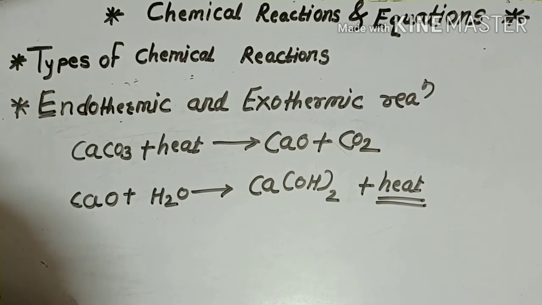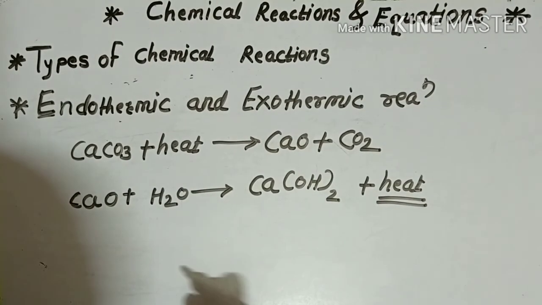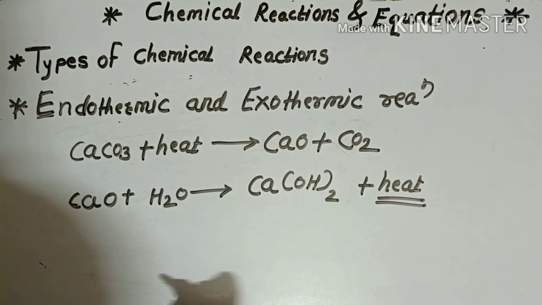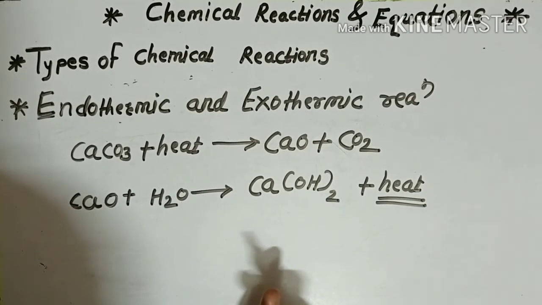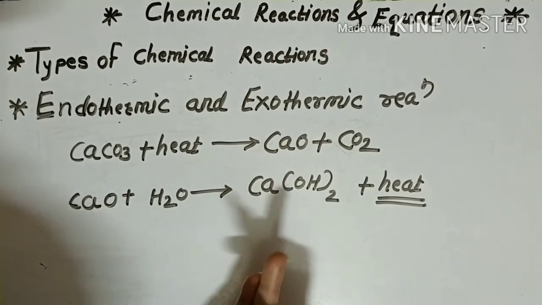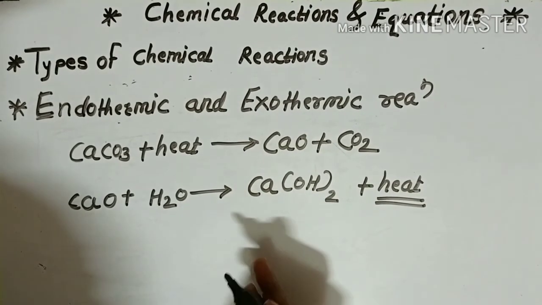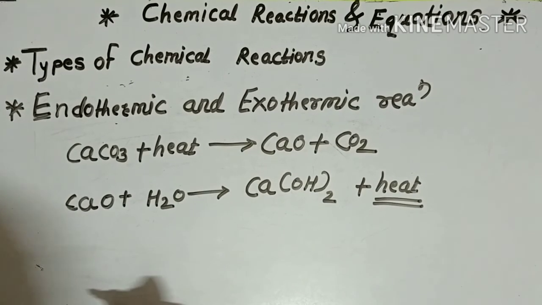So this type of reaction is called an exothermic reaction. During some chemical reactions, heat is given away from the reactants and there is a formation of product. So this type of reaction is called an exothermic reaction.